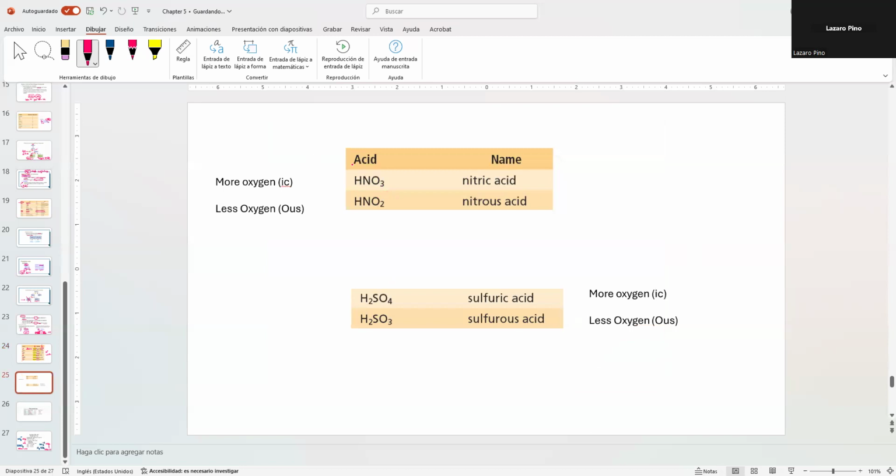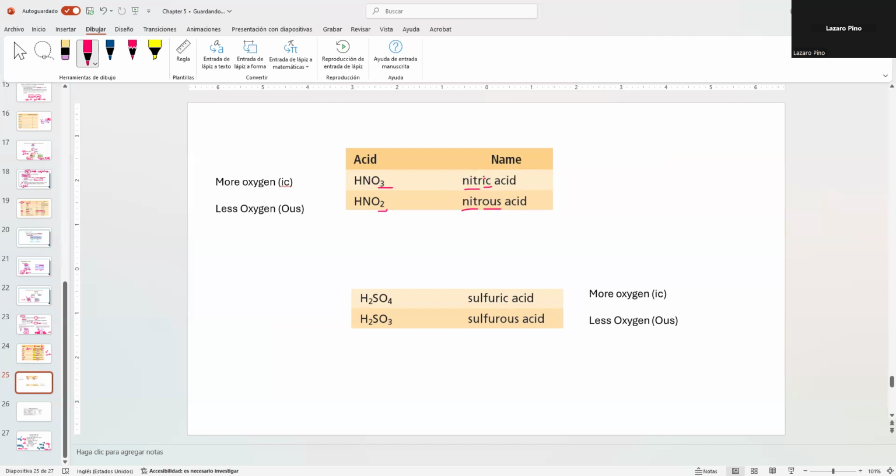Well, in the case of the acids with polyatomic ions, the ending depends on the number of oxygens. If you have more oxygen, the ending will be ic. If you have less oxygen, you use the ending ous. And you use the root of the name of the polyatomic ion.